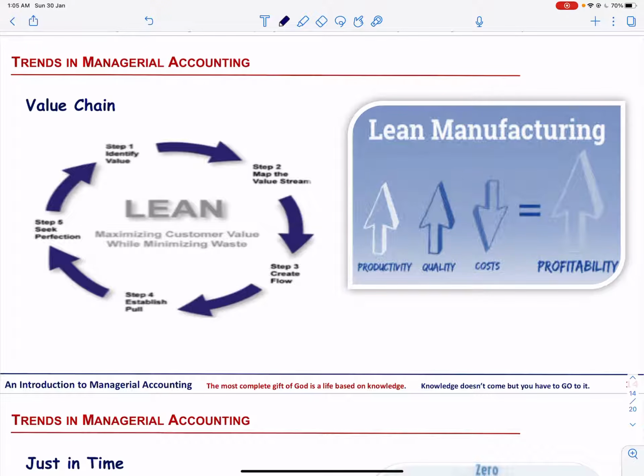One such concept is that of value chain. Value chain refers to all business processes that are associated with providing a product or service. It describes a full range of activities needed to make a product or service. This helps to increase production efficiency, that is, maximizing production with the minimum possible cost.